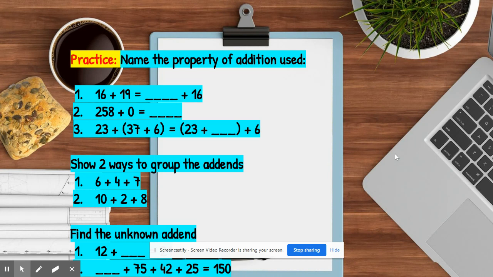So for number 1, I should see those numbers with parentheses in one place, and then you're going to show me those same numbers with parentheses in a different place. That's how I understand that you know how to group these things in 2 different ways.